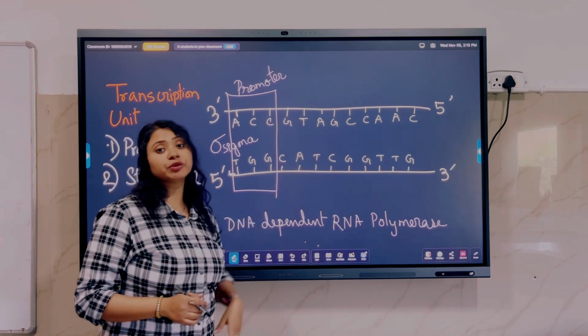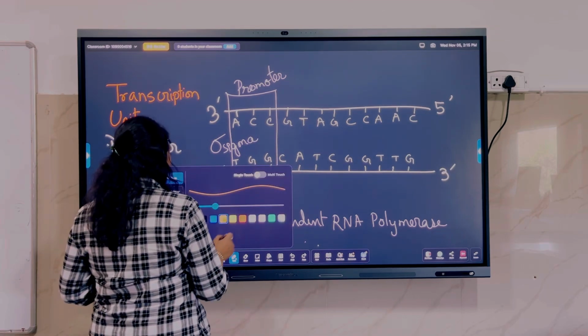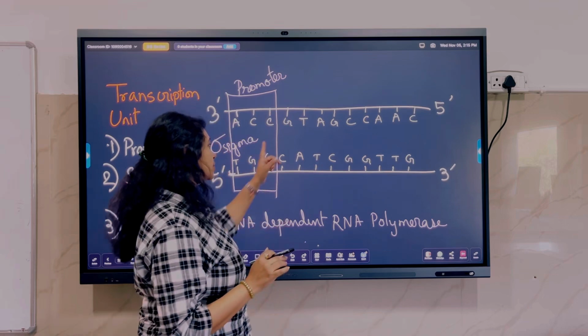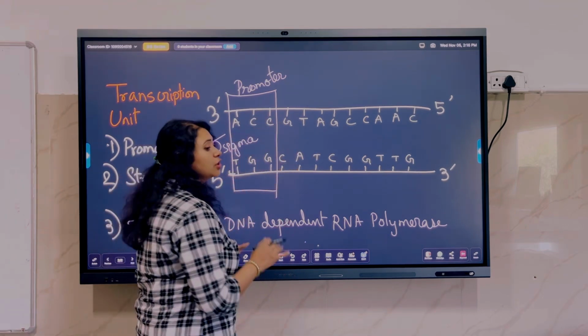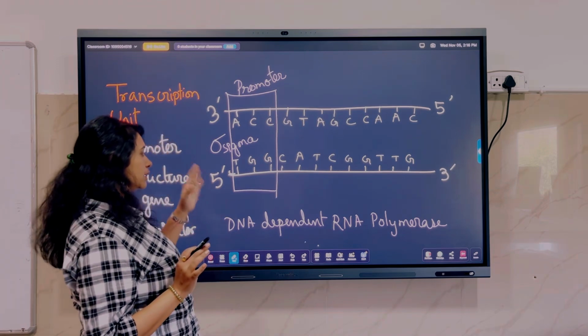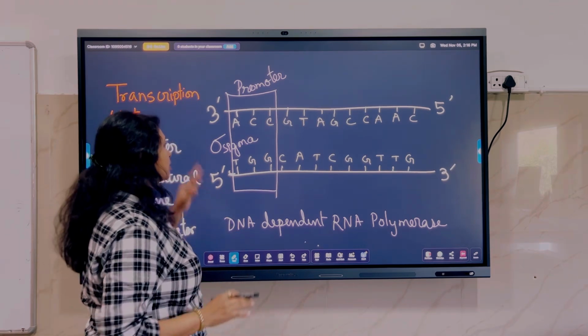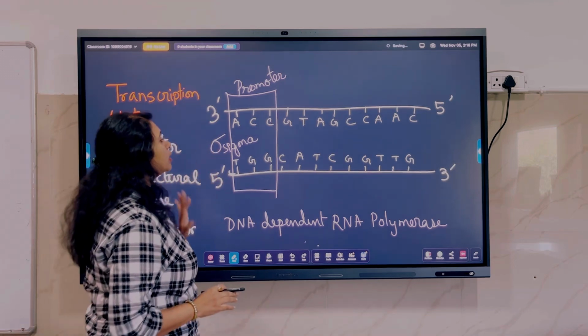Now I am going to prepare my RNA strand here. RNA is a single stranded molecule. So which strand is it going to take? First of all, we have to understand that one is the coding strand or antisense strand and the other is the sense strand. Please check first this structure. Now, what happens here?